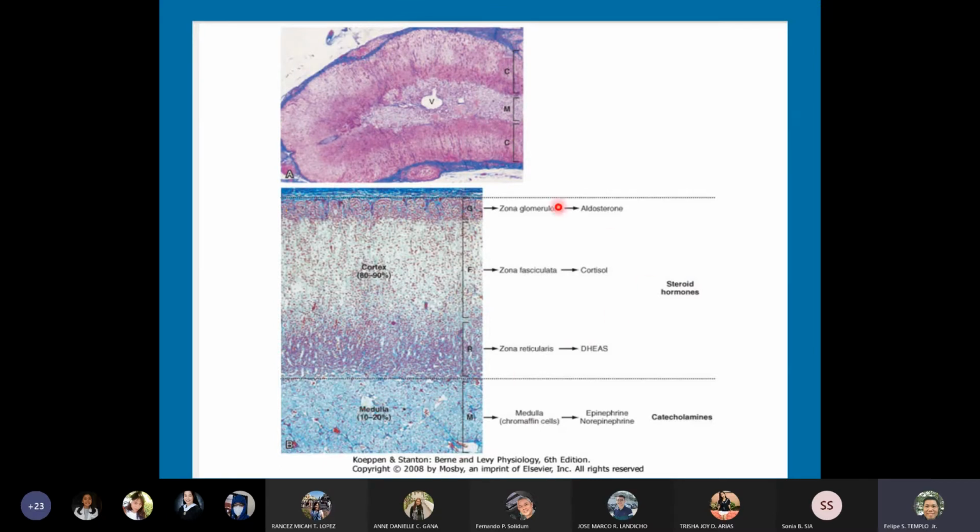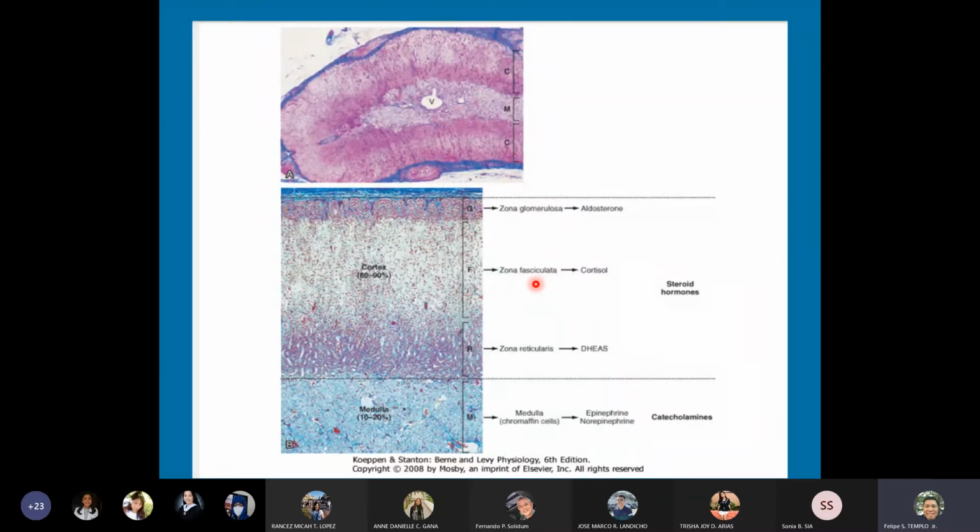So for generalities, the cortex secretes steroid hormones, while your medulla secretes the catecholamines. Take note, your cortisol and aldosterone are seen in both your zona glomerulosa and fasciculata.